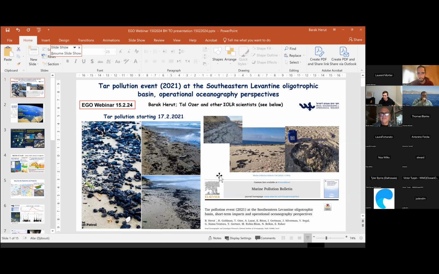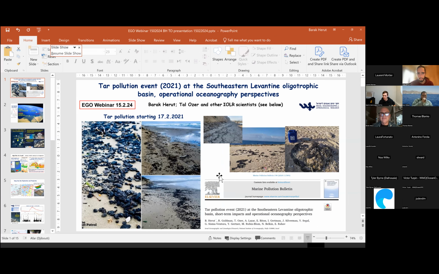I will talk in short about some operational oceanography aspects that are related to an unusual and intense tar pollution event that we had in February 2021. Other aspects of this event, like, for example, the chemistry of the tar, are in this publication shown below.